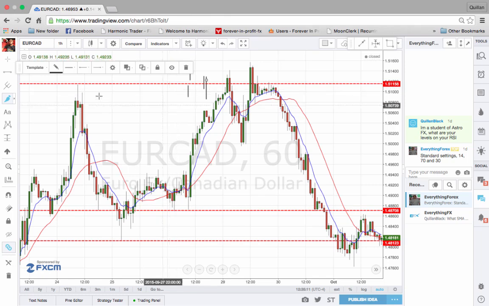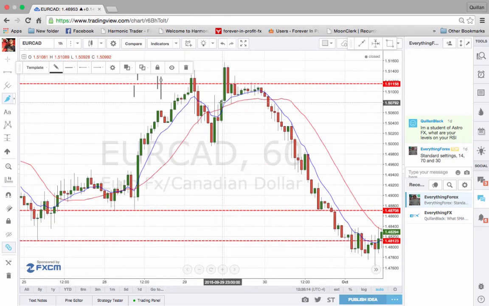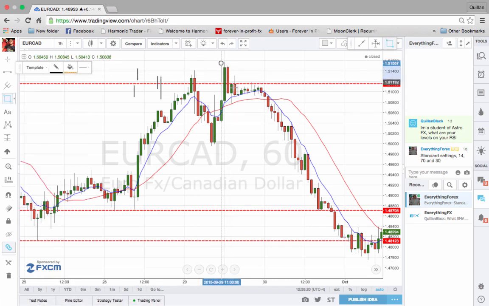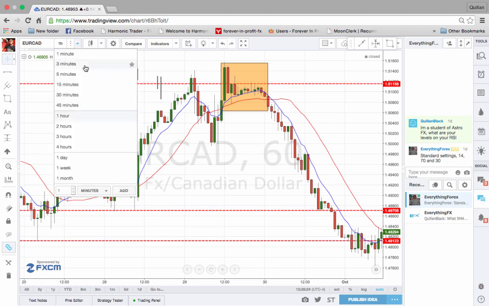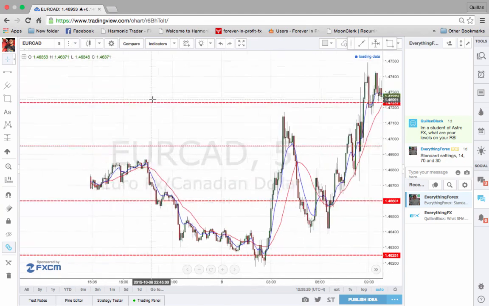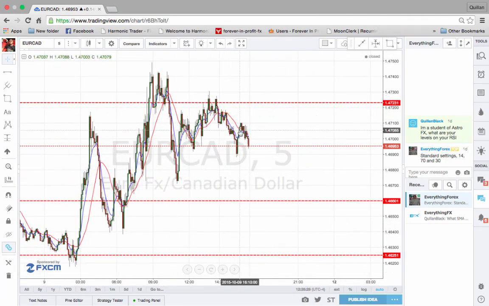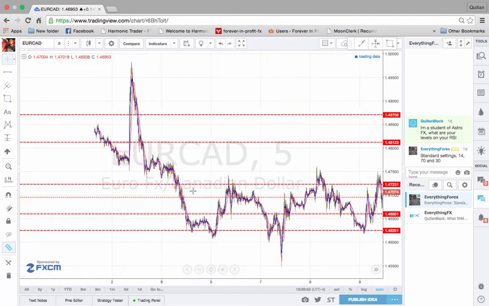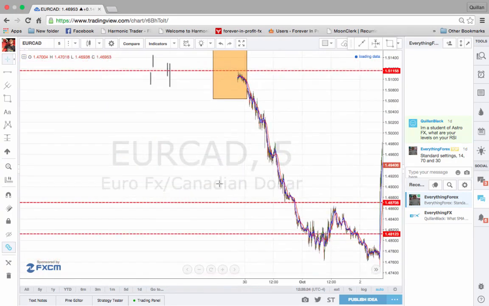Alright, so, and if it came down to, like, let's say this pattern right here, let me mark this off real quick. Let's go on a 5 minute. Try to zoom out, it's far back. Alright, it's up here.